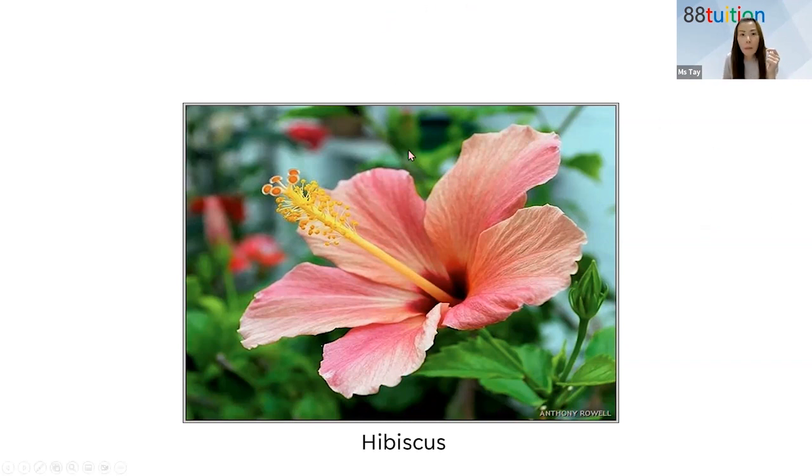Yes, Giselle. I don't really grow this kind of flower at home. I just grow chili and Thai basil so that we can eat.